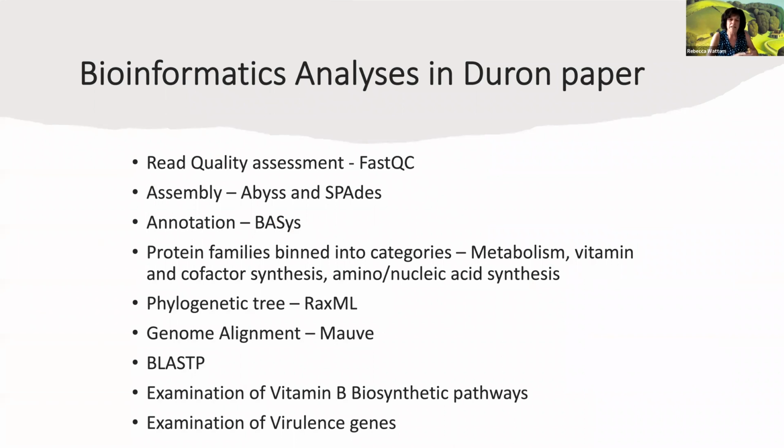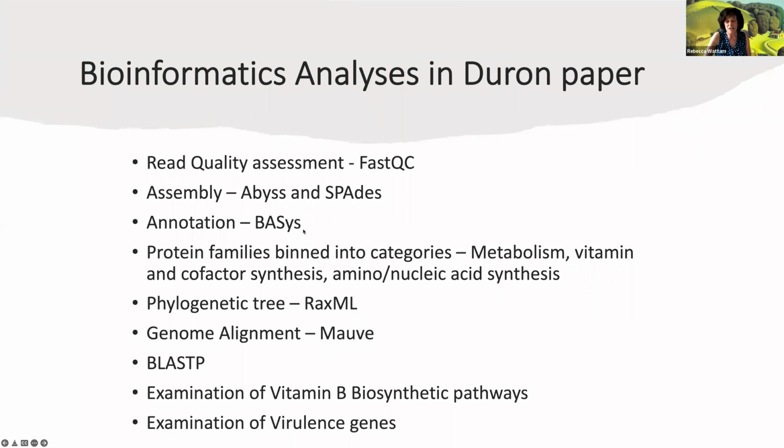So they isolated the Malpighian tubules of the ticks, which are sort of similar to our kidneys. They isolated the bacteria from that. They sequenced it. They looked at the read quality, and then they did assembly using Abyss and Spades.